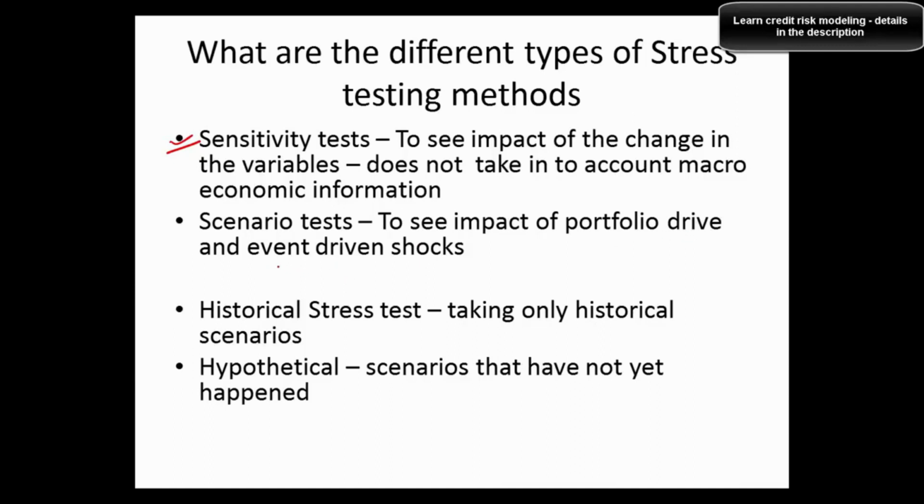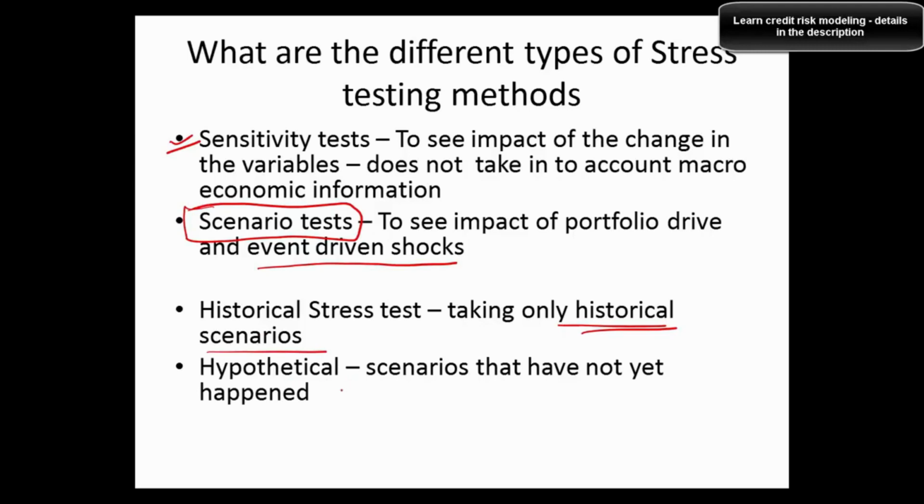Scenario test to see the impact on the portfolio based on events. So what if this event happens, and what will happen if that event happens? That comes under what is known as scenario testing. Scenario testing could be of two types: historical scenario testing, wherein you take only situations or scenarios from history, things that have occurred in the past.